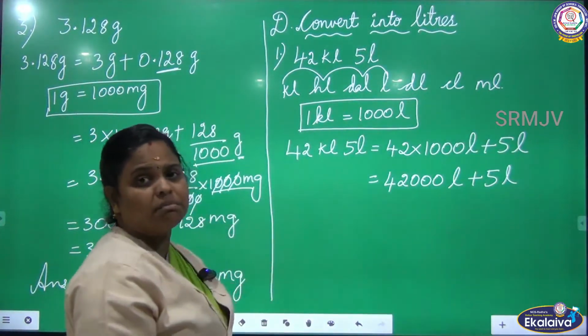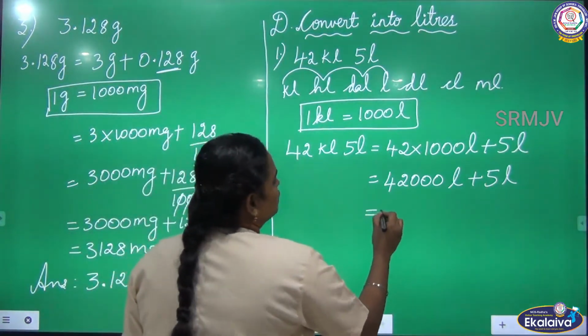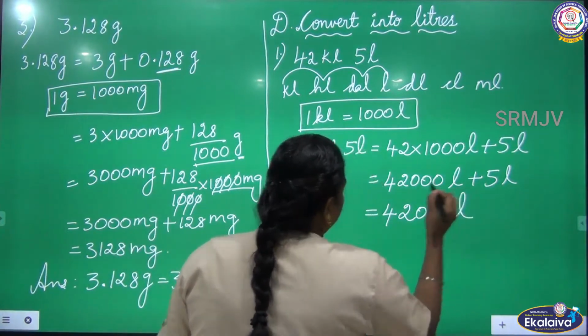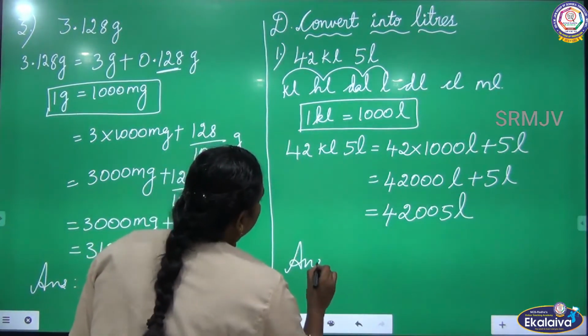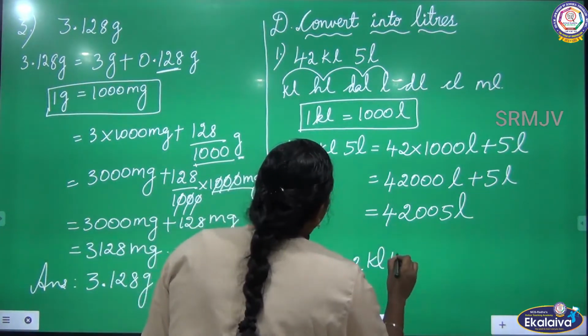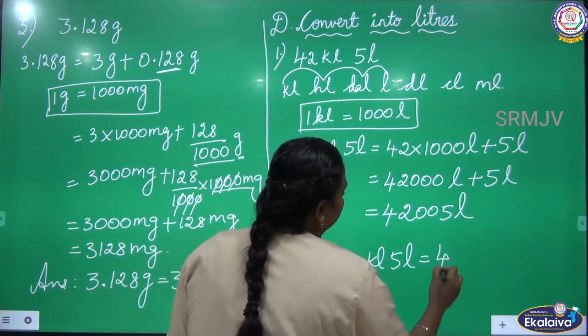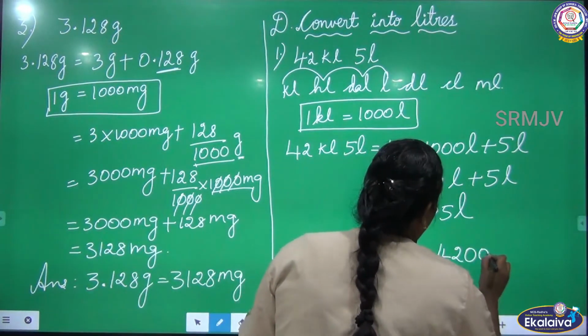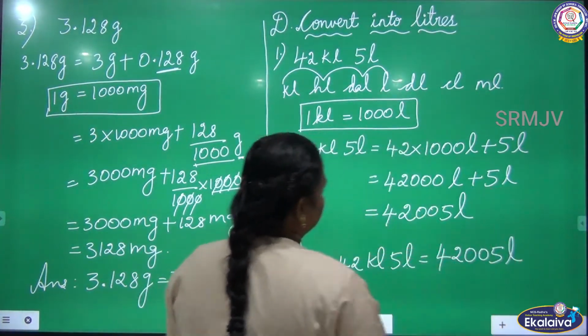So 42,000 plus 5, 42,005. So tell me the answer. 42 kiloliter, 5 liter equal to 42,005 liter.